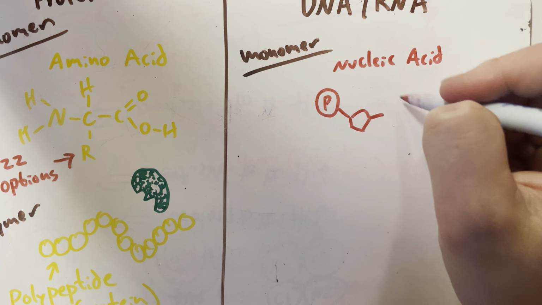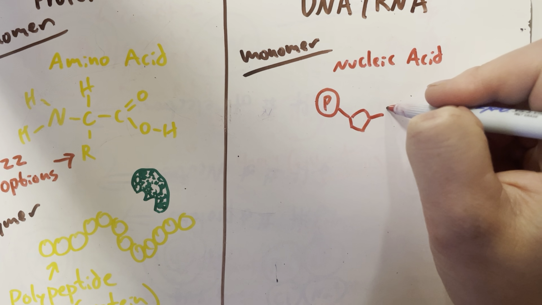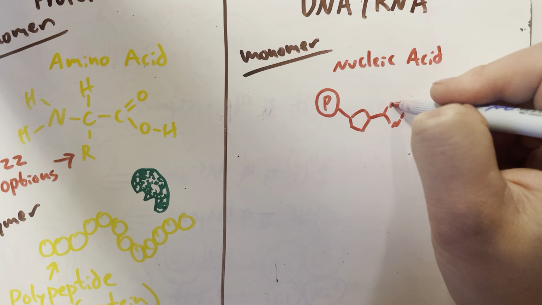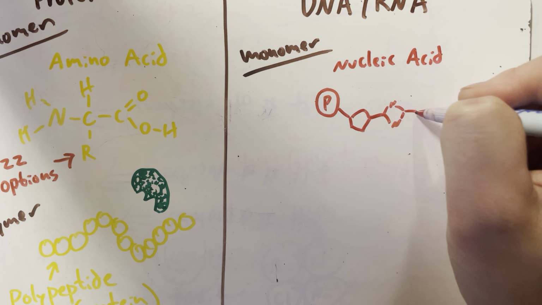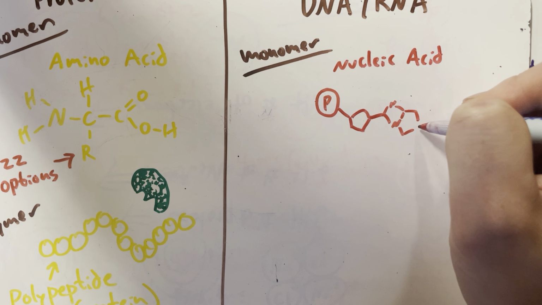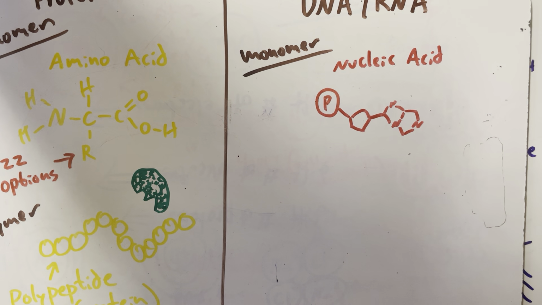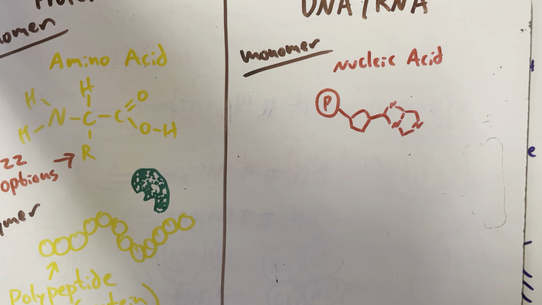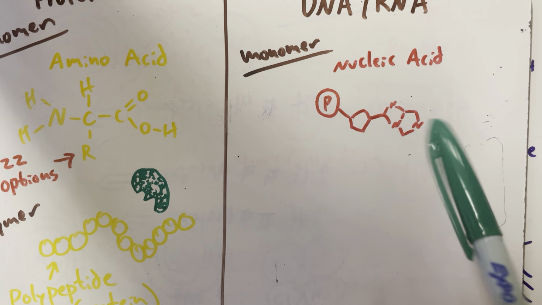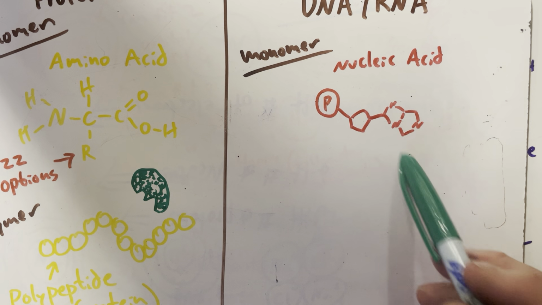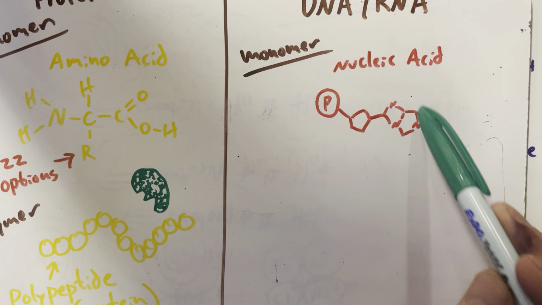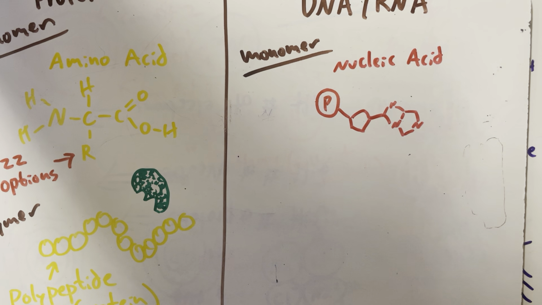And then there's a base. And the base can be a few different things. I'll just draw this as a couple of rings with nitrogen in them. You're not really required to memorize the individual ones and their names, but you do need to be able to recognize all of these molecules.